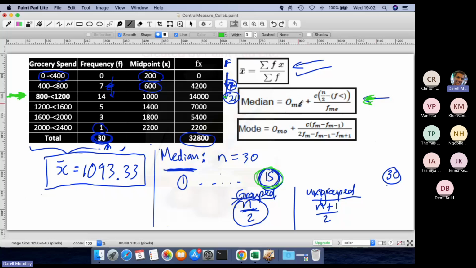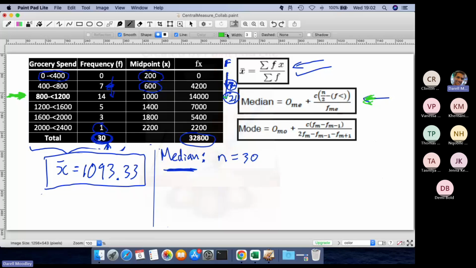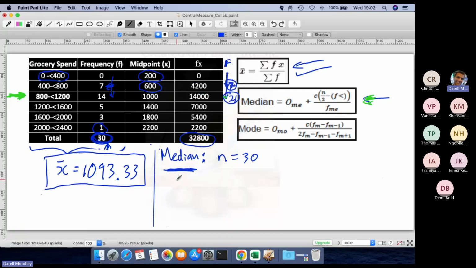That L that you see just means the lower limit of that interval.